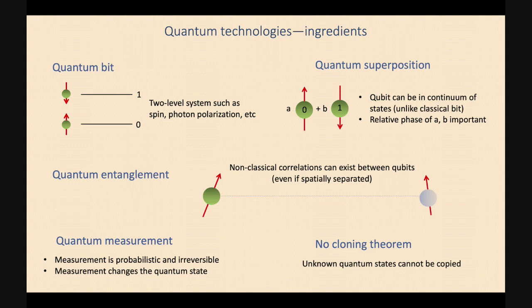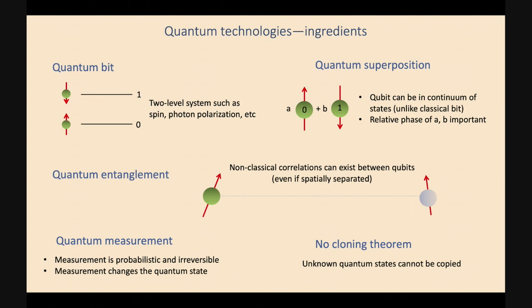Most of the time in this talk, I'll be either explicitly or implicitly thinking about either spins or photons. So both of these have degrees of freedom that can be thought of as two-level systems. And of course, this superposition is coherent, so the phase between these two states matters.